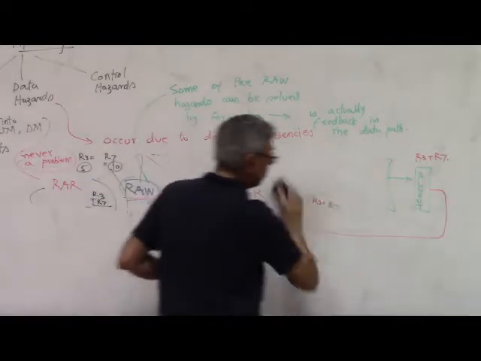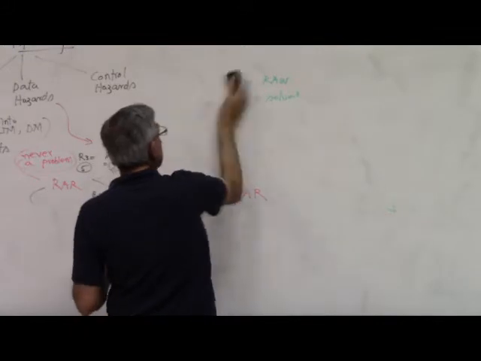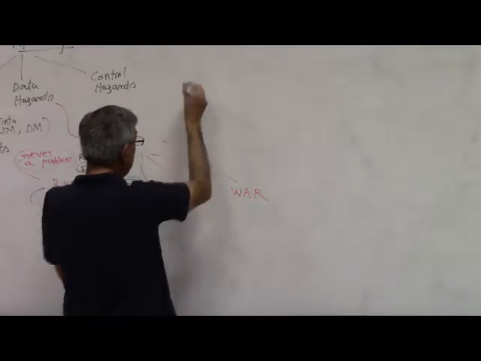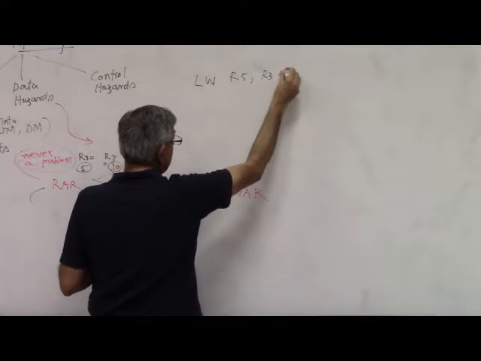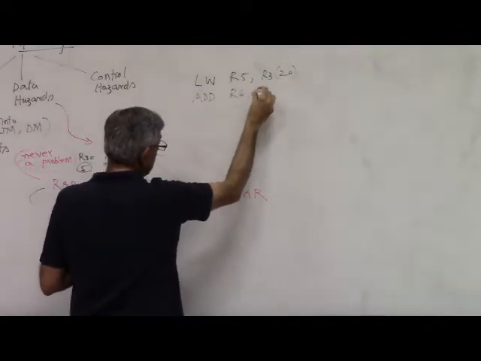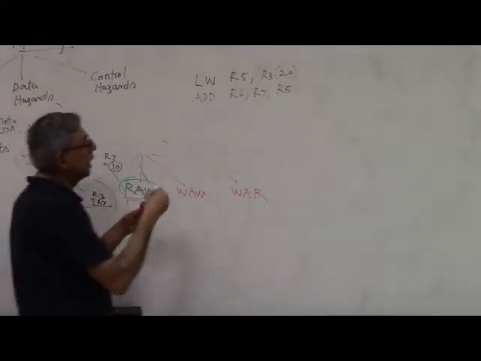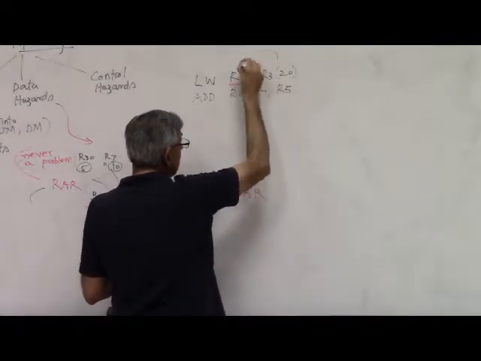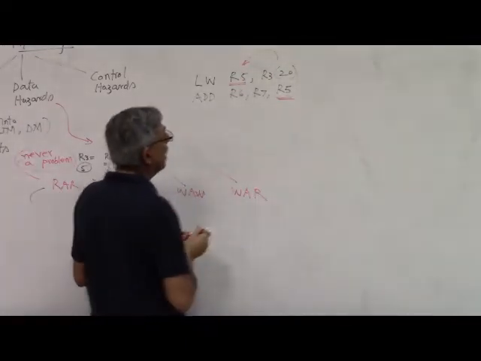So let's take a look at that example. Suppose you have load word R5, R3 of 20, followed by add R6, R7, R5. Here we read the data from the data memory and put it in R5, and here R5 is being read.